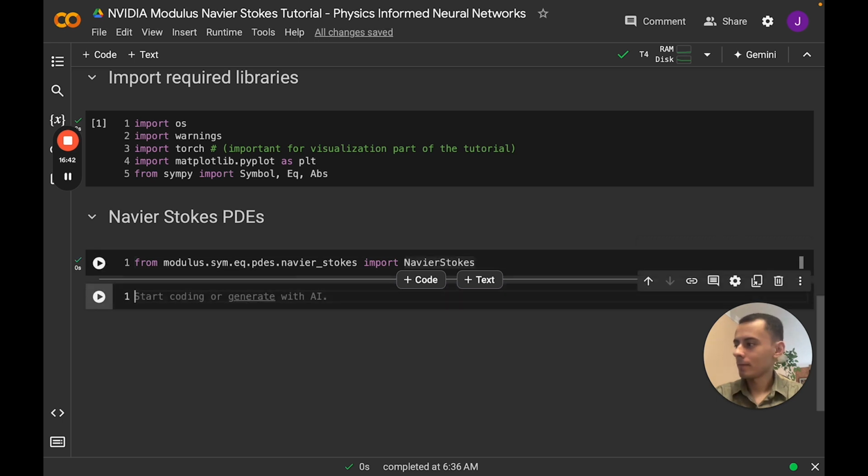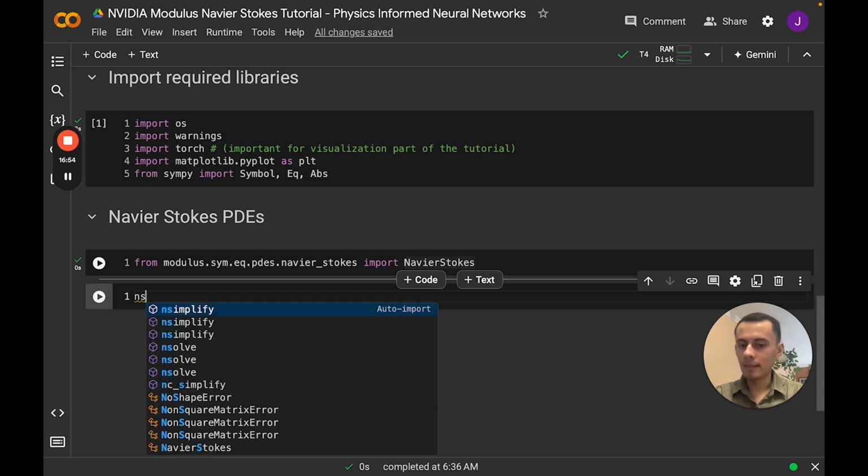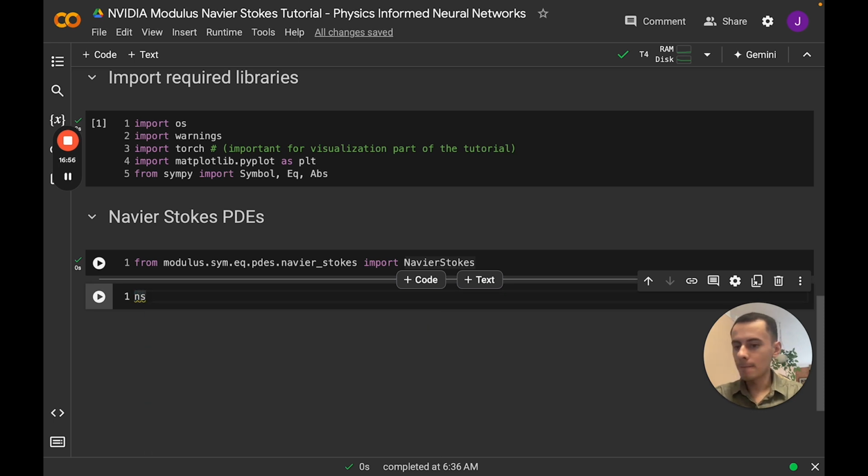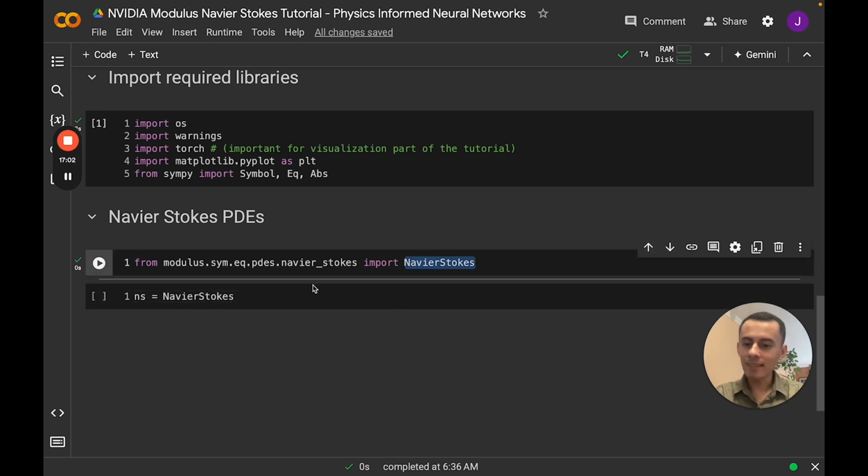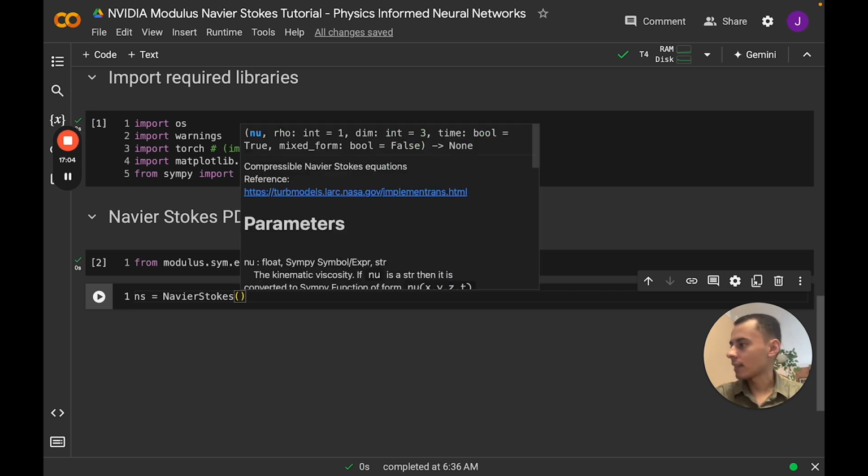Okay. And I can show you this object, for example. Like, import Navier-Stokes. Yeah, so the way this works is like NS, Navier-Stokes. We imported the class, but we need to instantiate the class, in fact.